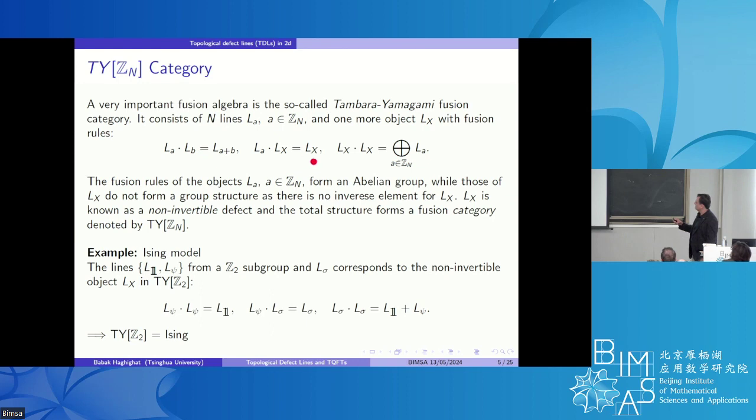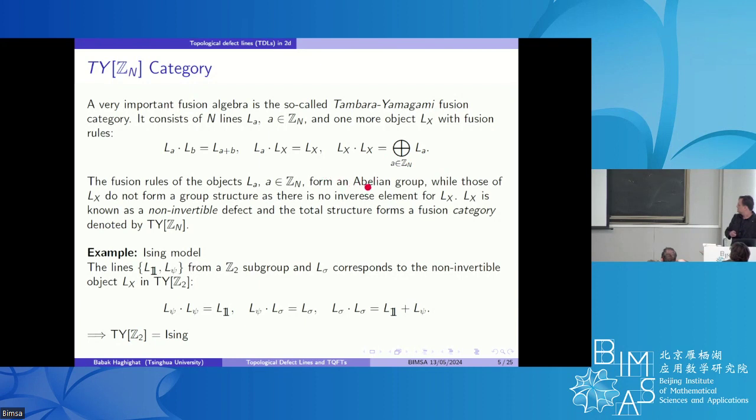This is called the duality defect, which stays invariant under the action of all the other ones. But when it is fused to itself, it gives you a sum of all the others. So this is a very special rule.